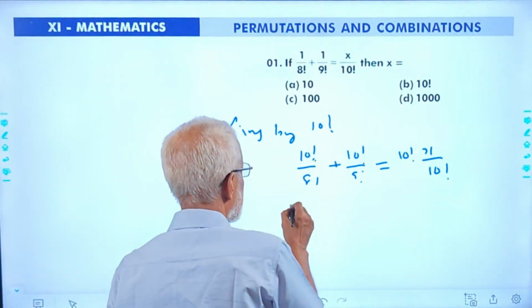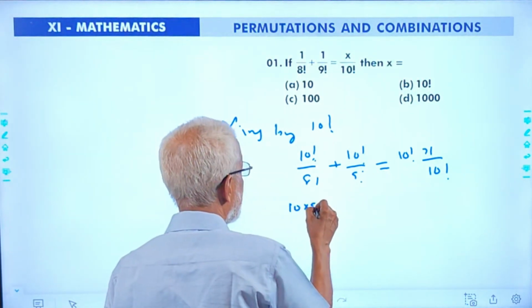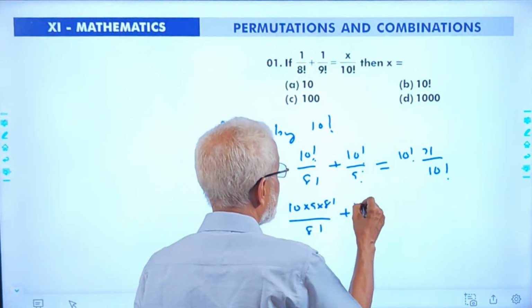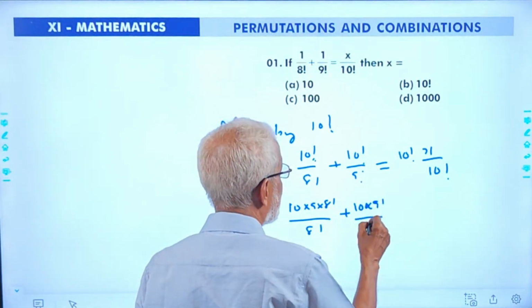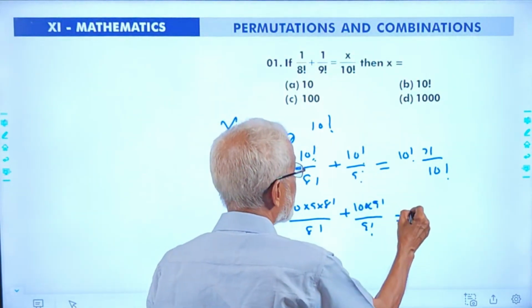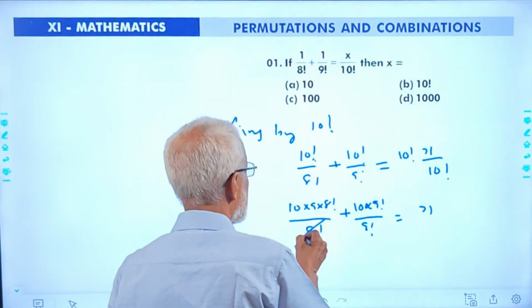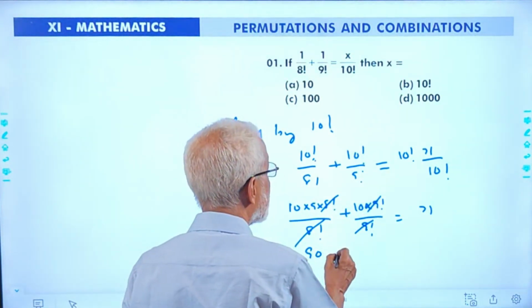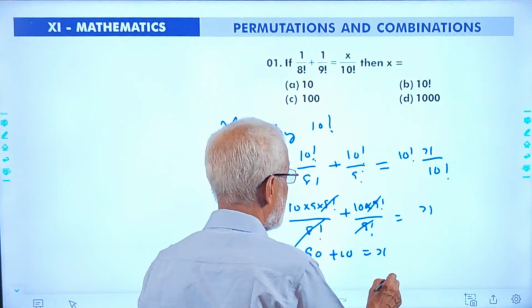Simplifying, we get 10 into 9 into 8 factorial by 8 factorial plus 10 into 9 factorial by 9 factorial equals x. Simplifying, we get 90 plus 10. x is 100.